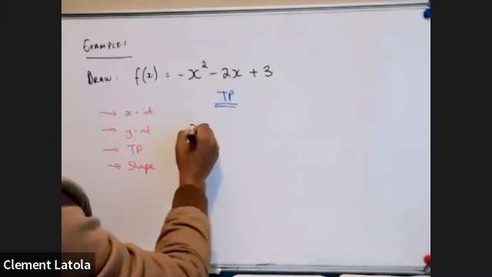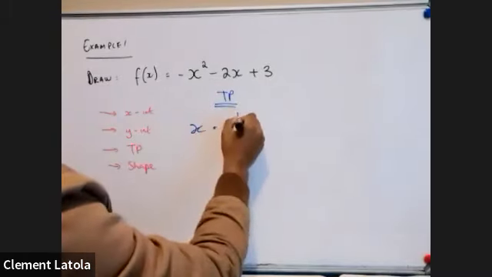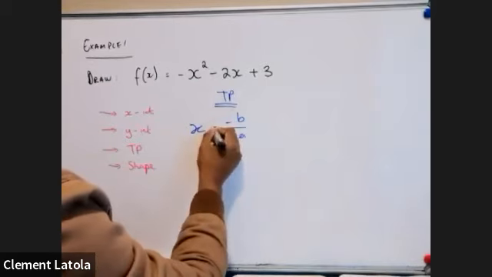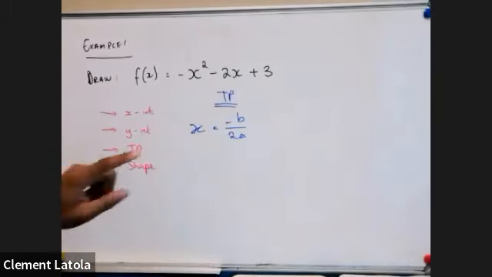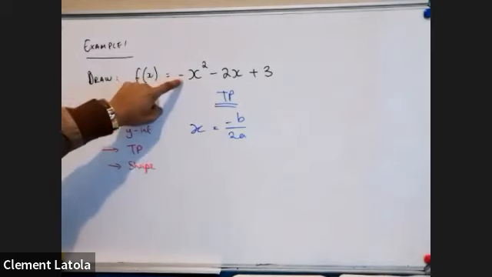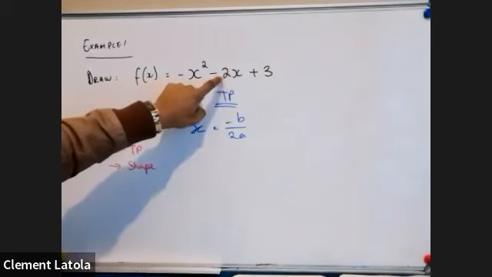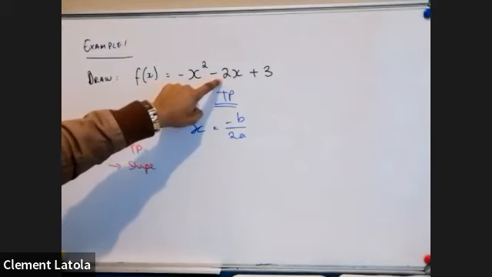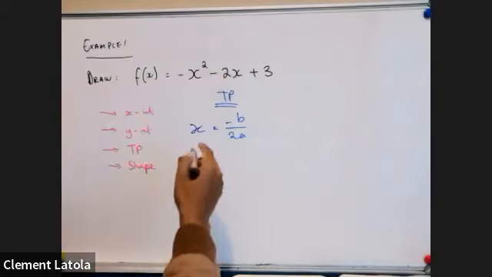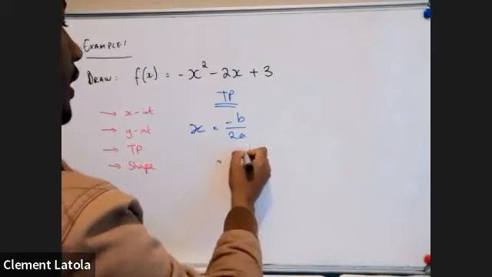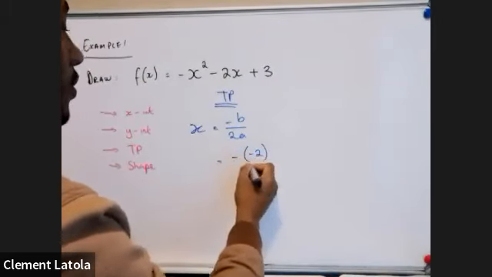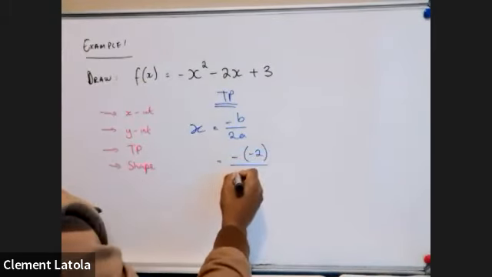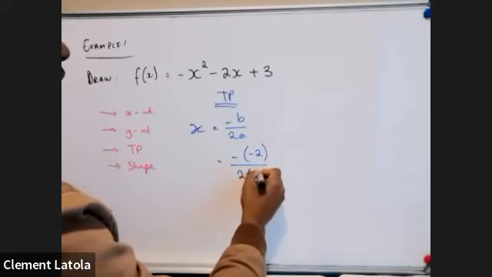So we'll start with this formula, negative b over 2a. A's value is the -1 that's in front of the x squared. And then -2 is the b value in front of x. Okay, so we substitute that. -2 divided by 2 multiplied by -1.